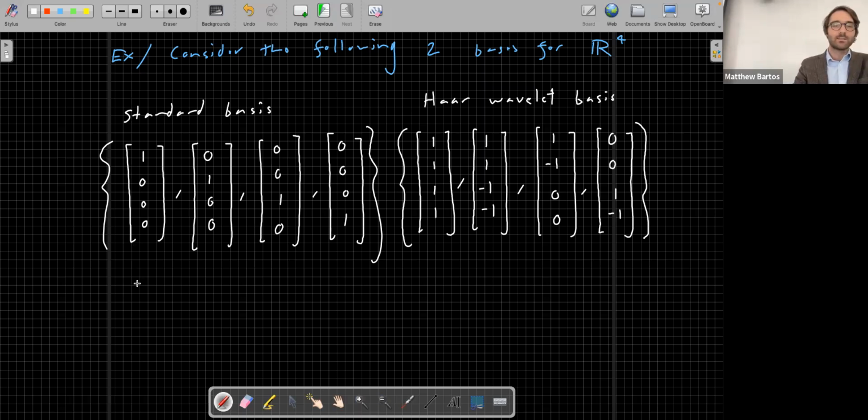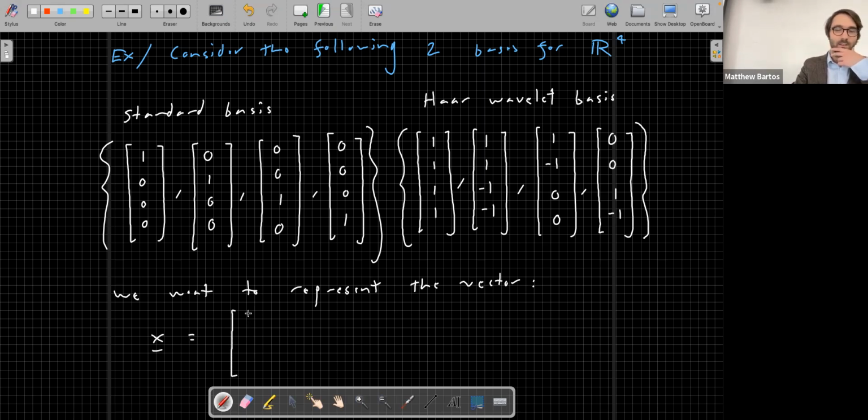Okay, so let's say we want to represent a vector in each of these bases. Let's say we want to represent the vector x, which I will call (3, 3, 1, 1) in the standard basis.